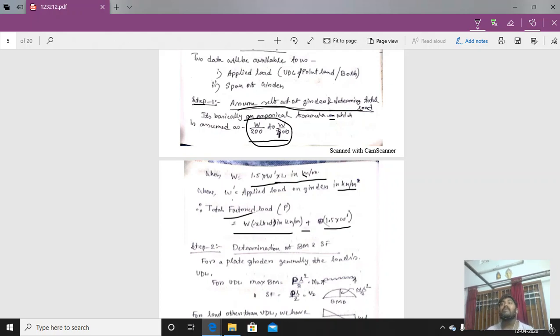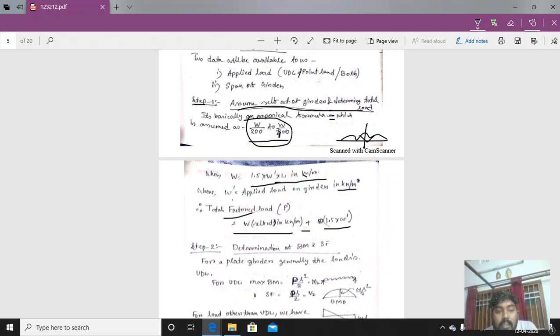That means W dash is the extra load acting, the imposed load, or maybe a combination of dead and live load. So the total load, the self weight plus the actual load acting on the member, we have to consider. The load may be a uniformly distributed load, a point load, or a mix of both.